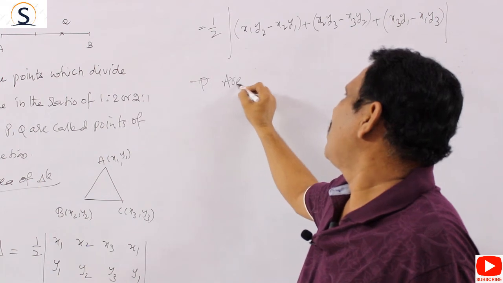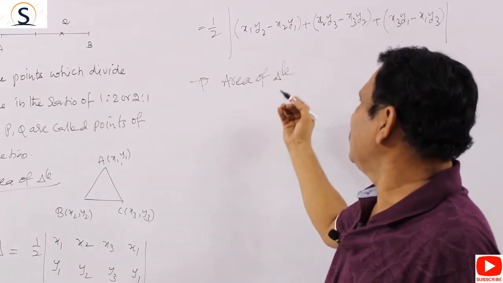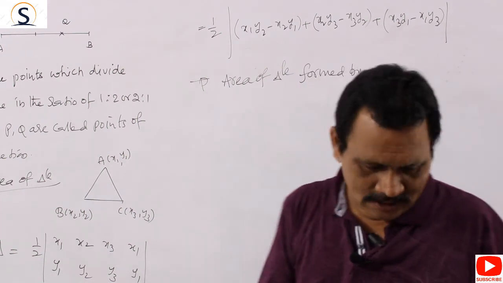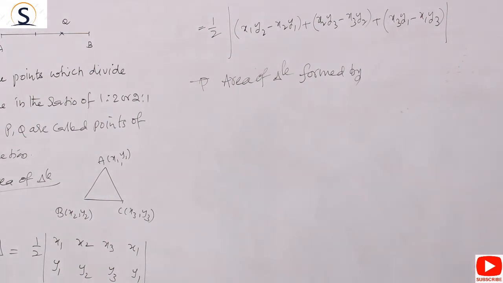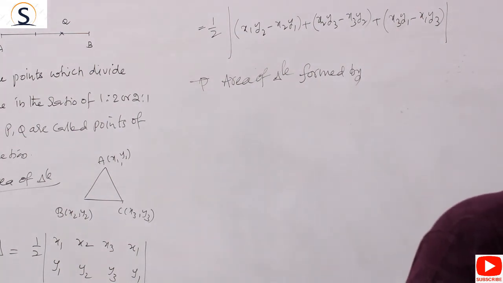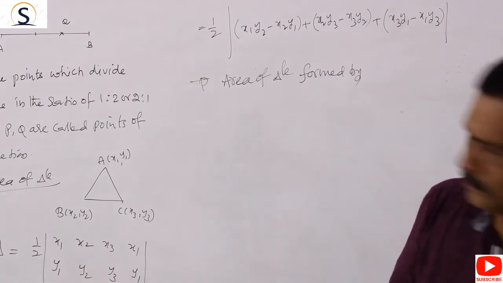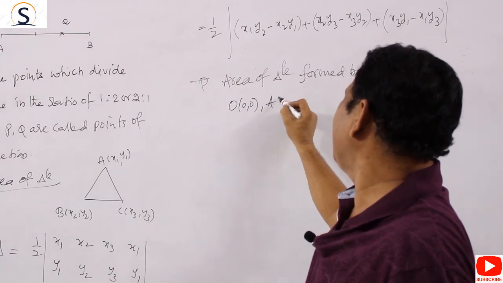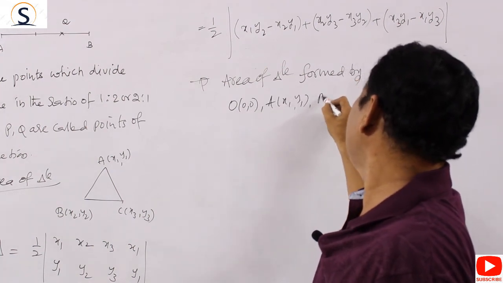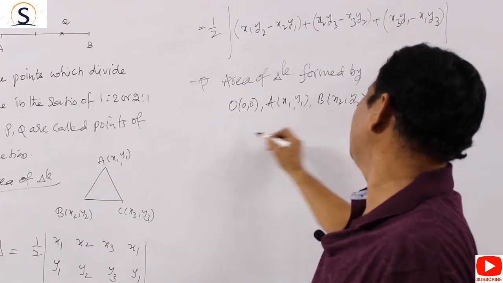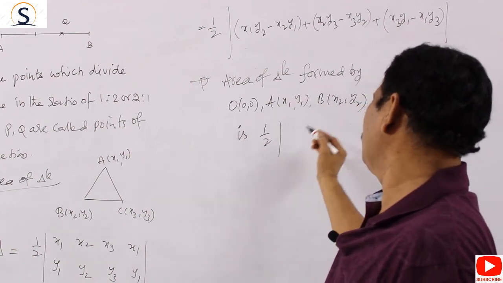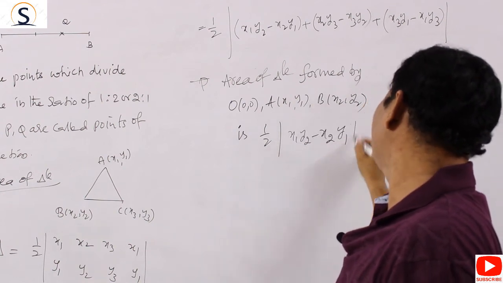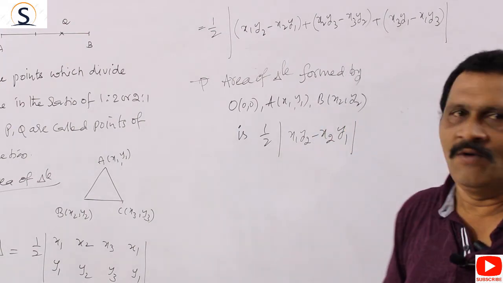The area of the triangle formed by O (0, 0), A (x1, y1), B (x2, y2) is half the modulus of x1 y2 minus x2 y1.